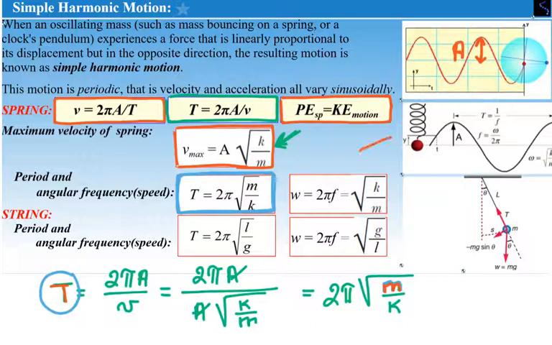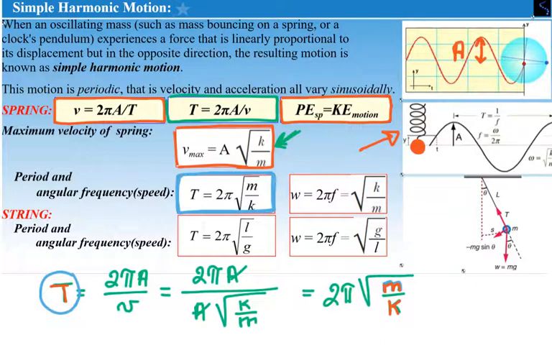So let's say in this picture you see the mass is attached to the spring. The more mass is attached, the heavier it is, the longer it will take for the mass to go back to the original position. So the time is greater. But if the k is greater, which is the spring constant, that means it will move the mass back to its original position more strongly.